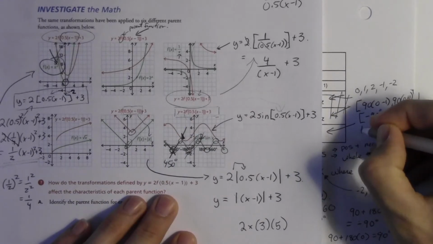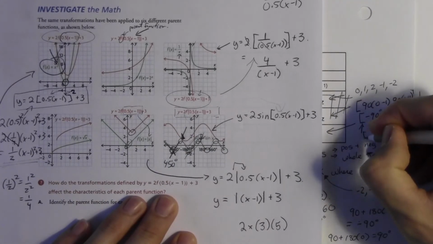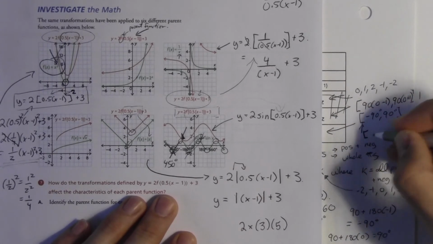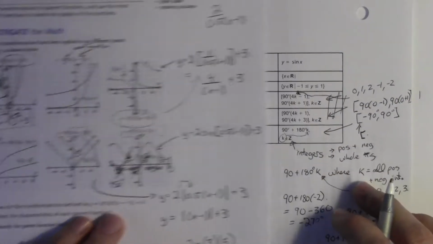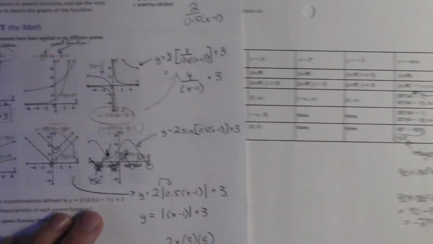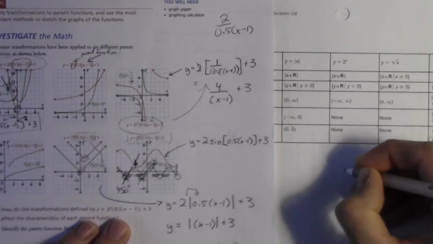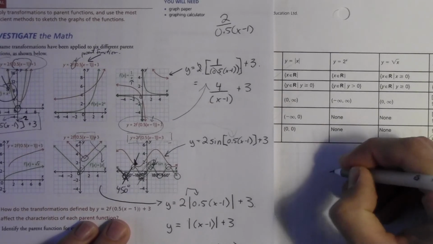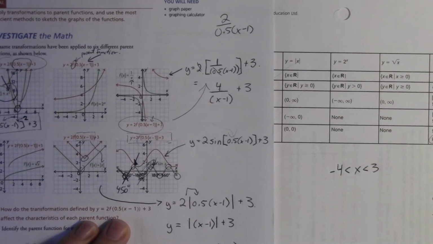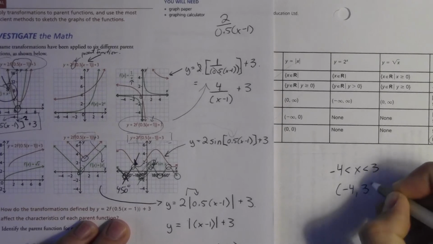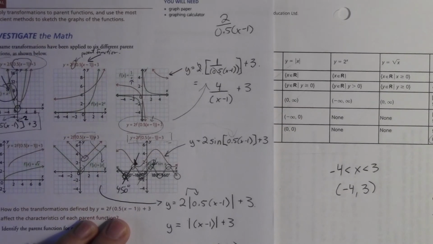Not sure if I mentioned this yesterday, if it's in the book or not, but a closed bracket is saying that it includes that. Okay, let me explain that, sorry. If I say x is less than 3, but it's greater than negative 4, okay? Writing this in interval notation, I would write from negative 4 to 3. Okay?